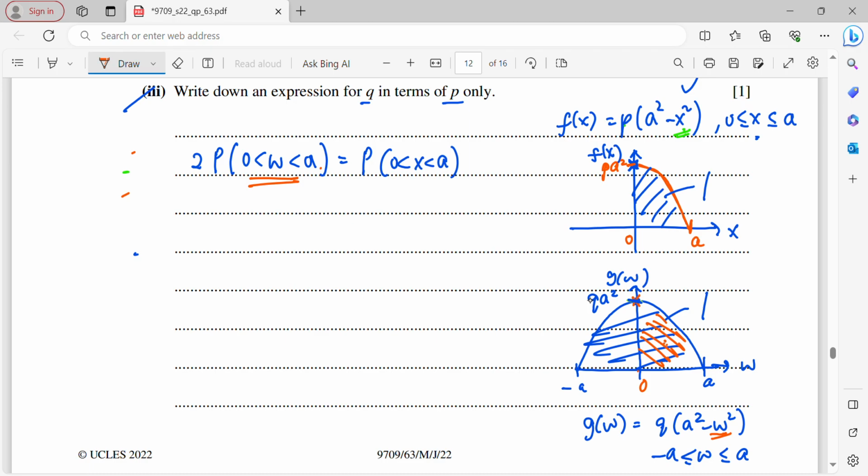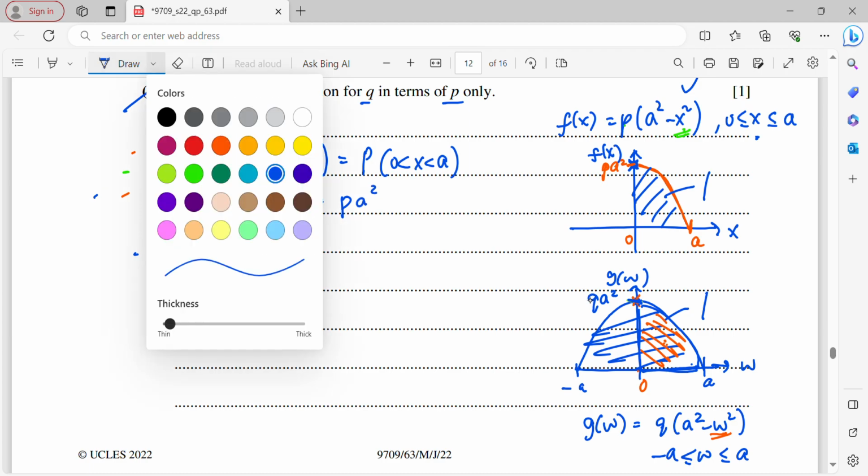So I will write 2 times the probability of w between 0 and a. When you look at here, this probability is QA squared. Then the probability of x between 0 and a, when you integrate, is going to be PA squared.